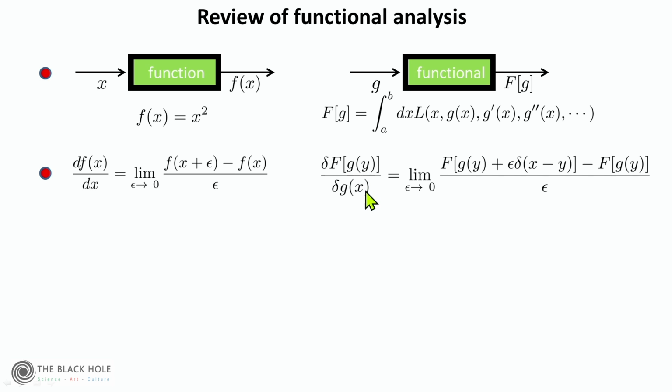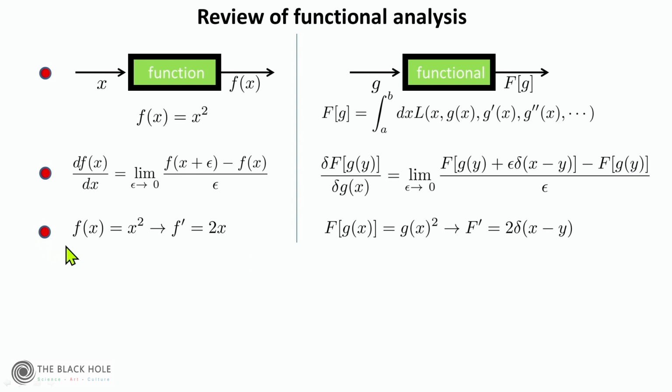But this functional derivative has got two arguments. It's got y and x. And we've added in a small perturbation, epsilon delta of x minus y. So in other words, this perturbation is non-zero only when x is close to y. And then we subtract it from the value when epsilon is 0. To give you an example, well, in the case of an ordinary function, the derivative of x squared is 2x.